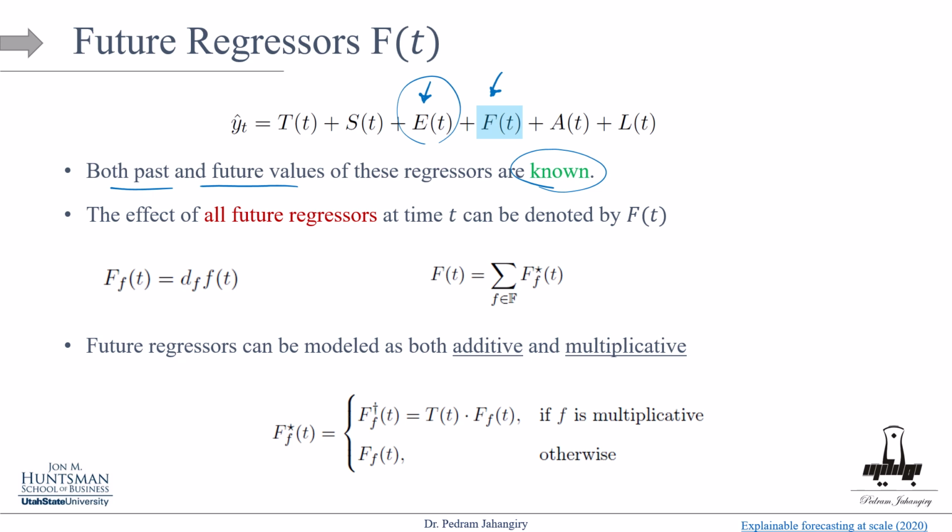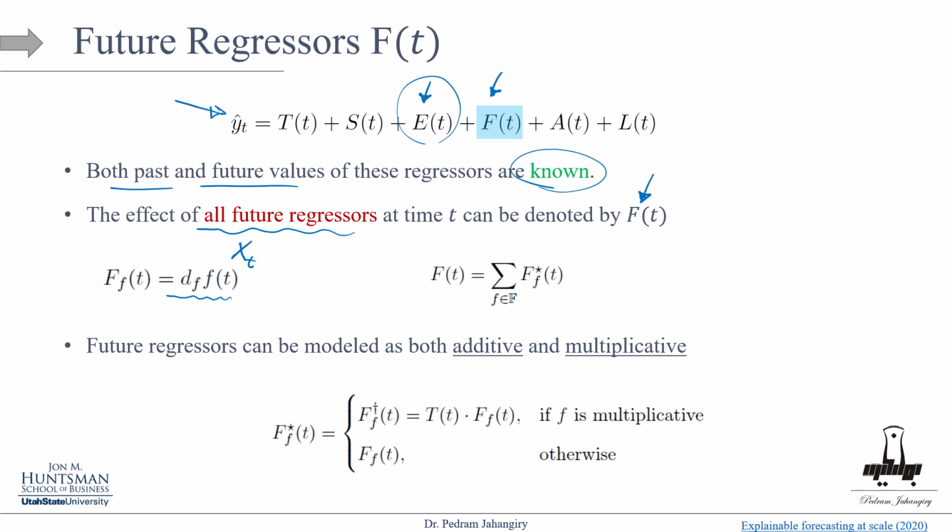And we can have a bunch of those things, and the effect of all those regressors is going to be added to your forecasting as this capital F of t. So this is, for example, for one of those features, right? This notation is not the most straightforward one because typically we reserve f as a function, but here we simply mean that this is a regressor x, whose value we know historically and into the future.